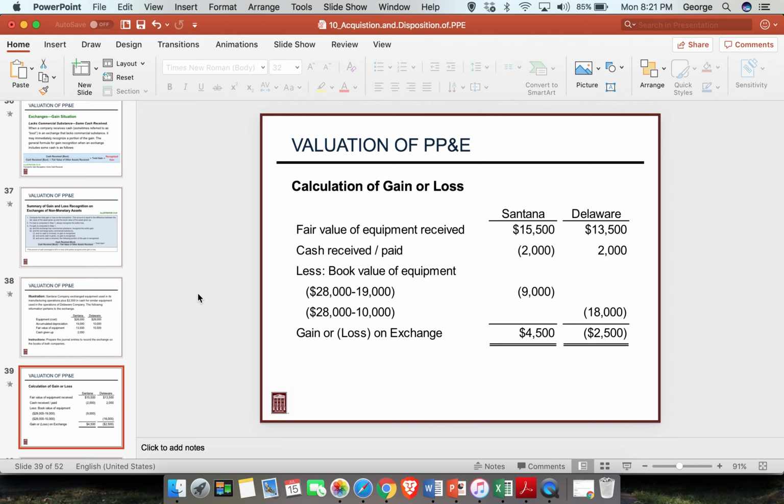Okay, so we have 15,500, and we'll subtract then that 11,000. So this is our gain for Santana, 4,500. On the other hand, Delaware took a loss, so they had 13,500 in fair value. They did receive 2,000, but their book value was worth 18,000 on the equipment they gave up, so their loss was 2,500 on the exchange.